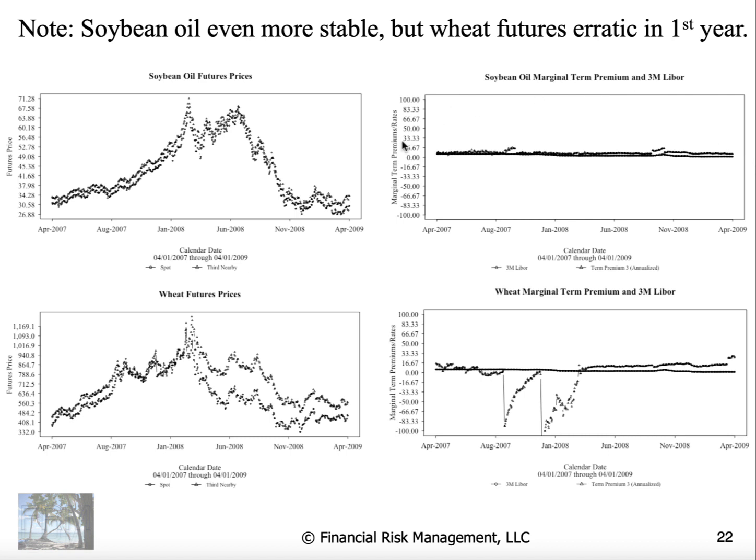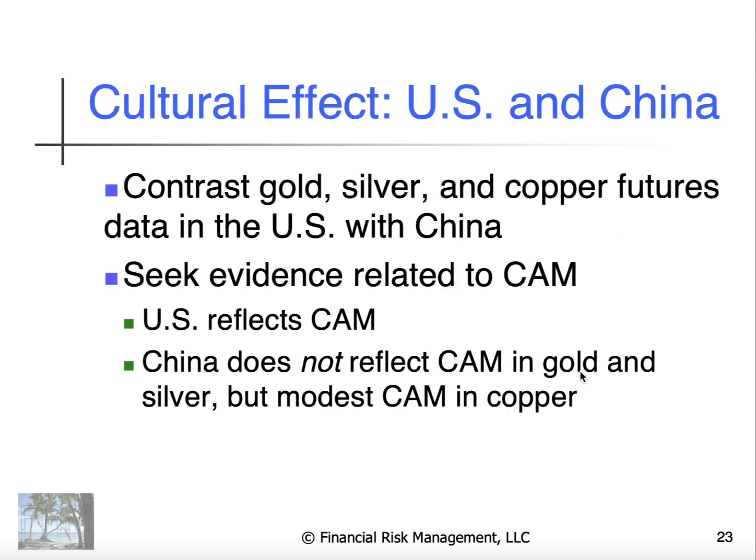Soybean oil is a near perfect track with the financing cost plus a little more. The wheat, on the other hand, because it was in a shortage of supply, we had this disruption here, but then it goes right back to reflecting a fully arbitraged market.